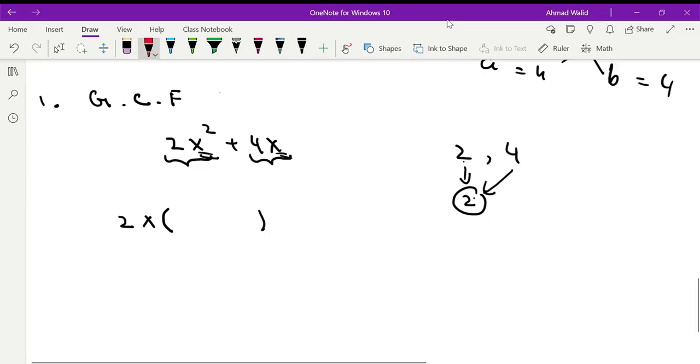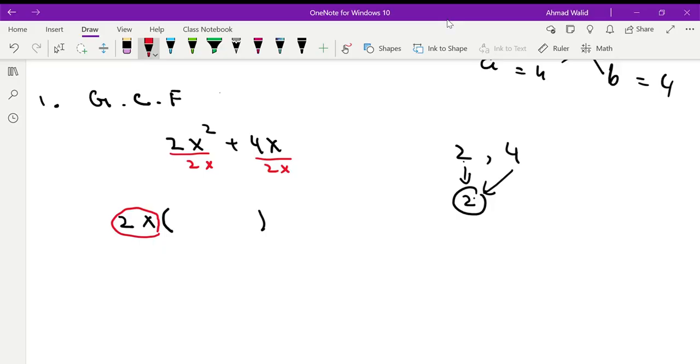Basically, you do this in your brain. We don't show every time this, but basically you do this. Most of the students, how do you know what to write inside? Do this. Whatever is common, whatever you factor out, divide these terms by that number and write your answer inside.